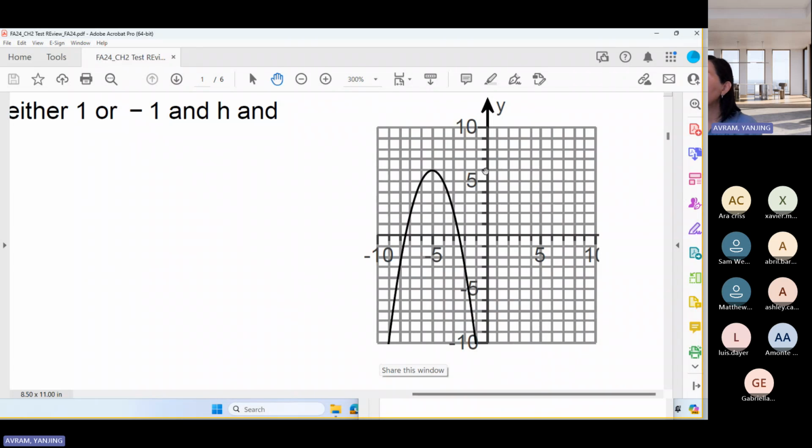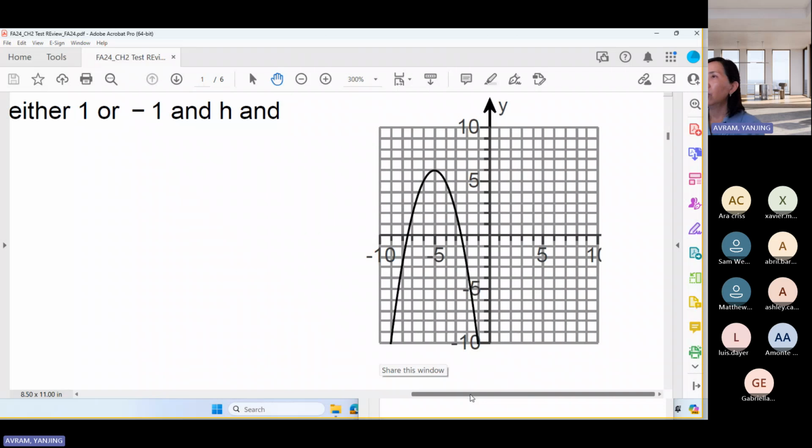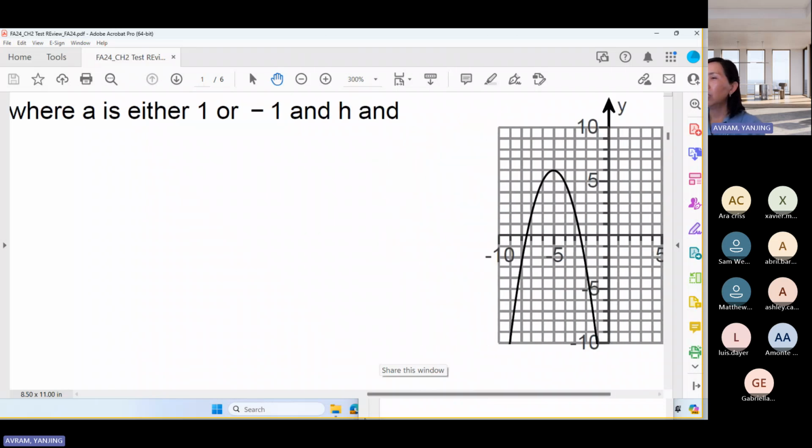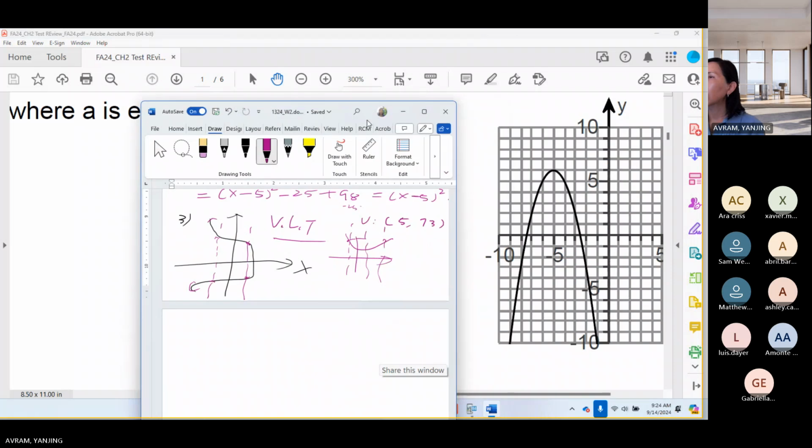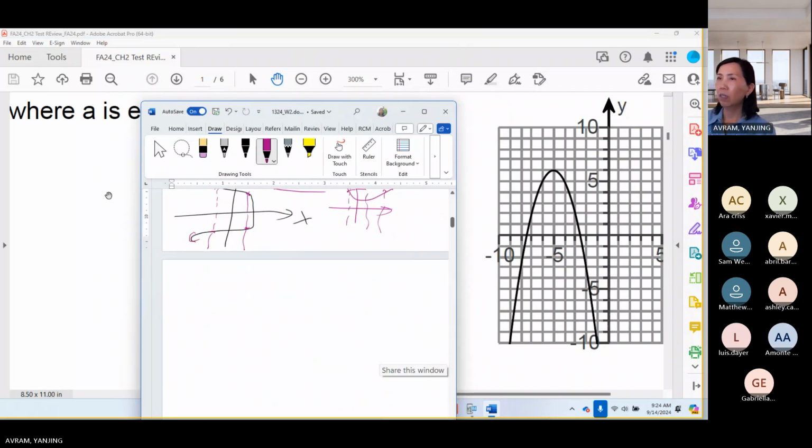This will be 6. So my H is -5. Yeah, H is -5. K will be 6. And then A is -1, right?